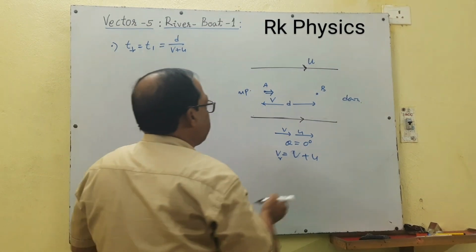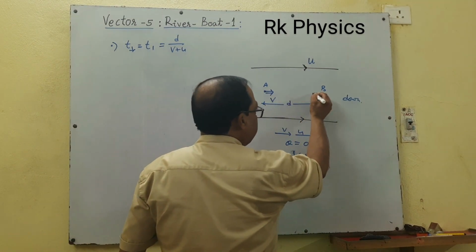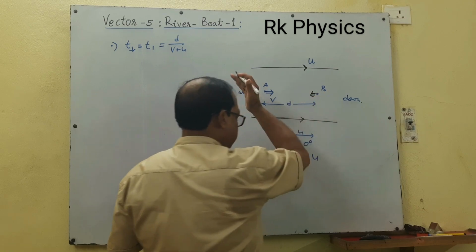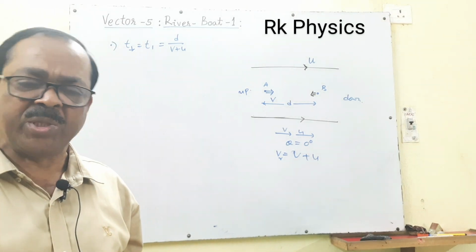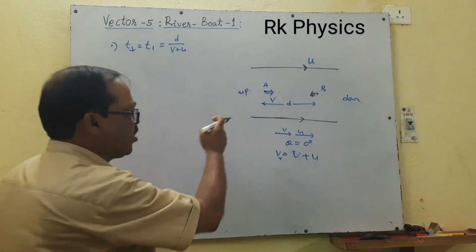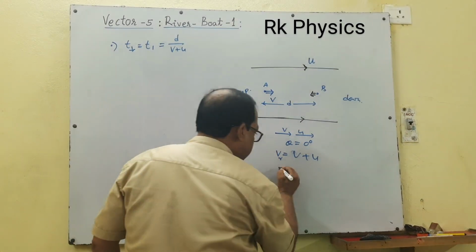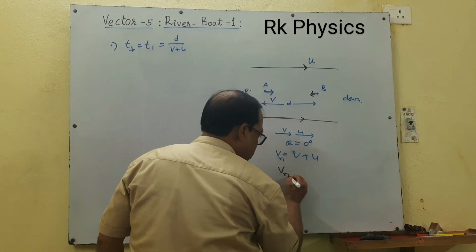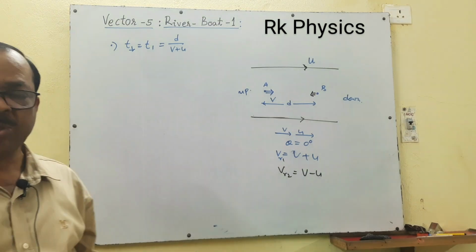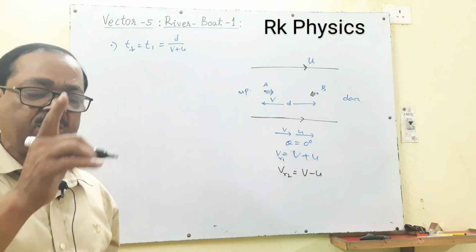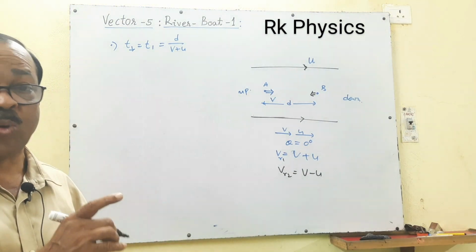Then if the boat reaches here, and again wants to return towards his original place with the same speed, the distance is the same. Therefore, during the return journey, the resultant velocity is v minus u. That means the velocity of the boat must be larger than the velocity of water.